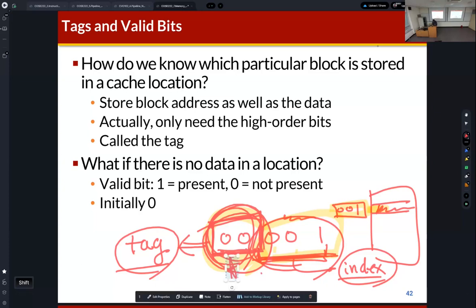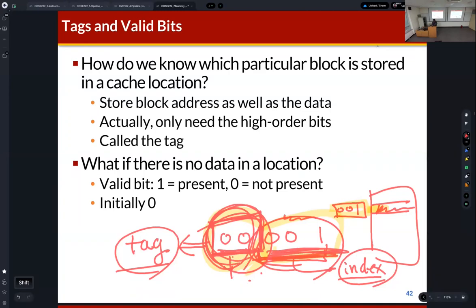As I mentioned, we don't need to store these low bits because we use them as the index of the cache, but we need to store the remaining bits. So when the data is stored in the cache, the tag information is also stored in the cache.